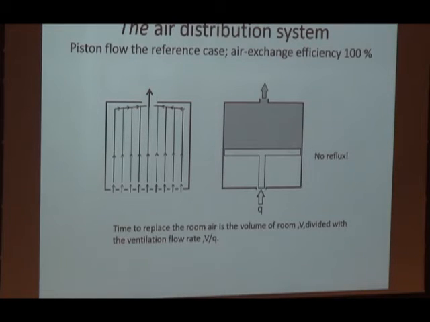That's the same time it takes to fill up the bathtub with this volume and this flow rate. So that's the most efficient system you can imagine, but very difficult to realize in practice. You try to do this in clean room technology, but it's very expensive. It's nothing for ordinary rooms.